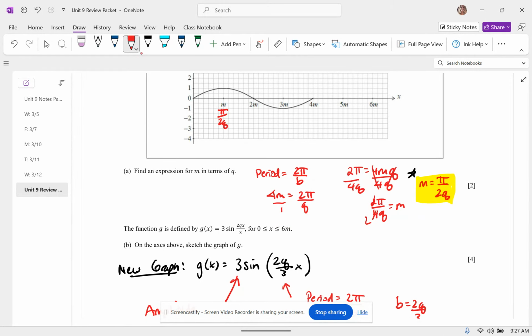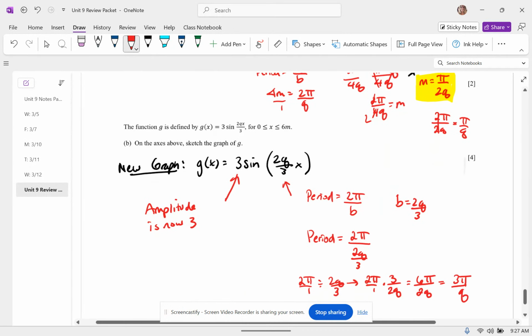And this one is going to be pi over q, because there are now two m's. You see what I'm doing here? I'm just adding pi over 2q for each additional m. Then this one is going to be 2 pi over q, 5 pi over 2q, and this one is going to be 3 pi over q.